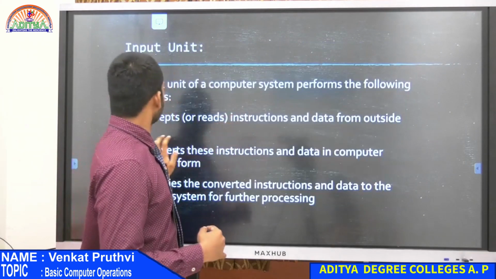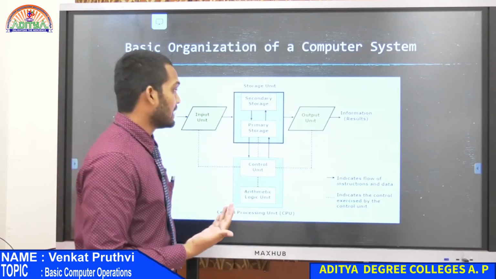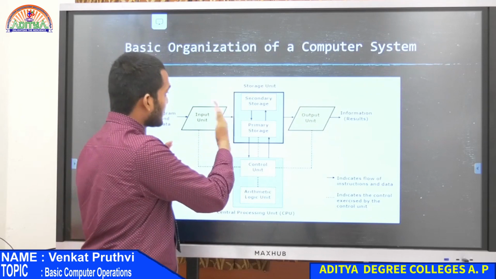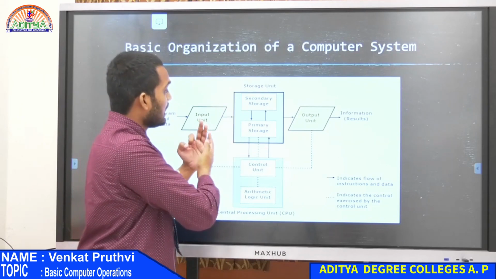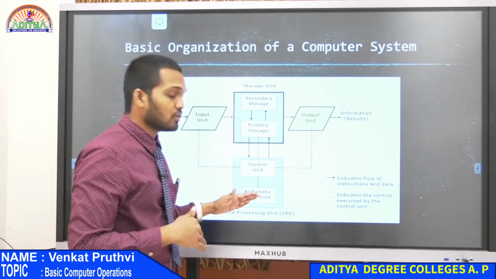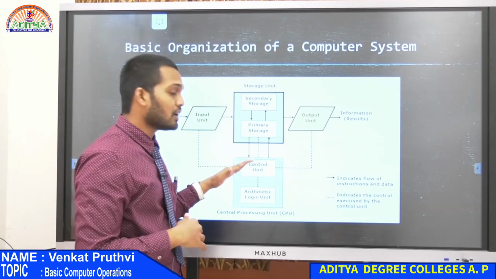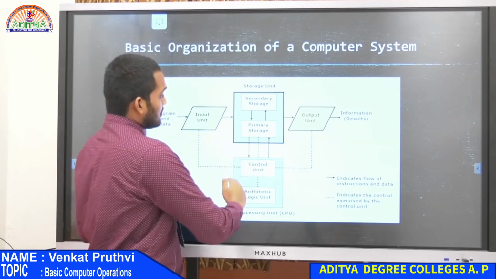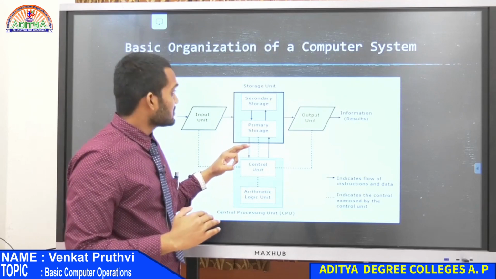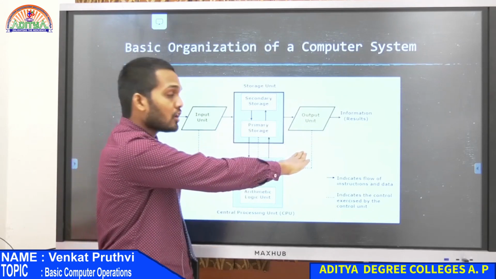We'll discuss the storage unit in detail in the later modules, but as of now, just understand there is an input device that is connected directly to a storage unit, and that storage unit in turn is connected to your CPU. What does your CPU have? The arithmetic and logical unit as well as the control unit. Now, the CPU directly interacts with the storage unit, and this storage unit is again directly connected to your output.